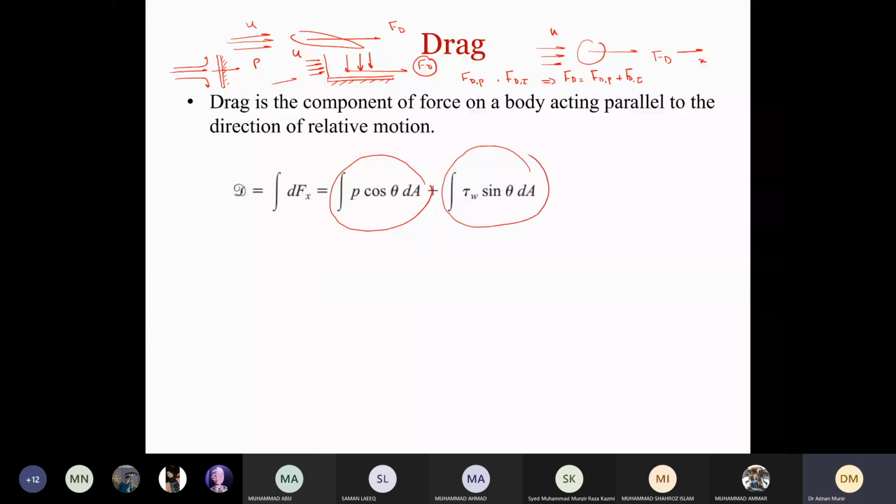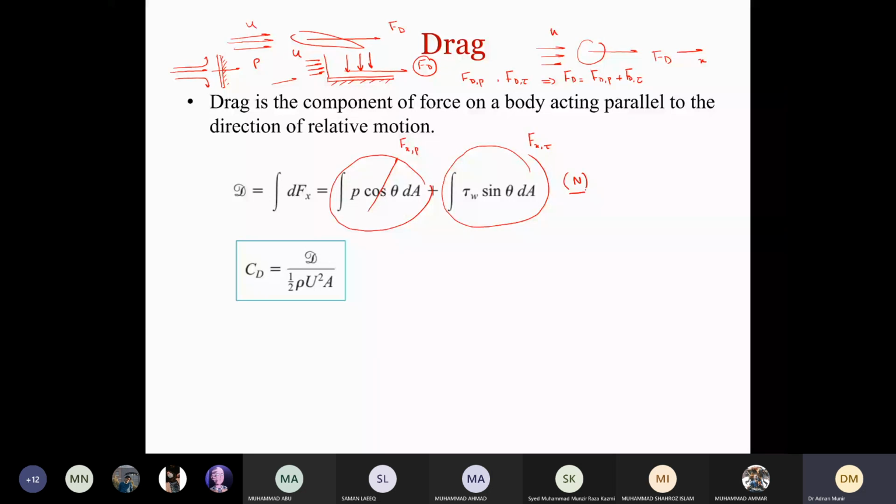We have already derived this equation previously, so I won't be going into the details, but for now just remember that this is F_D: the contribution of pressure along x direction and the contribution of shear stress along x direction. When we add both of these components together, that will give us the drag force. Now, drag force has units of newtons.